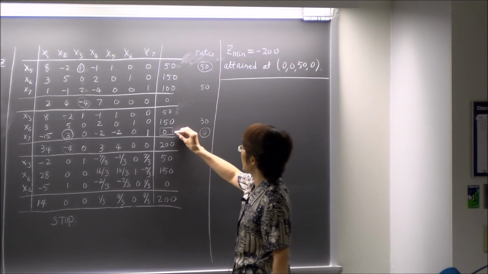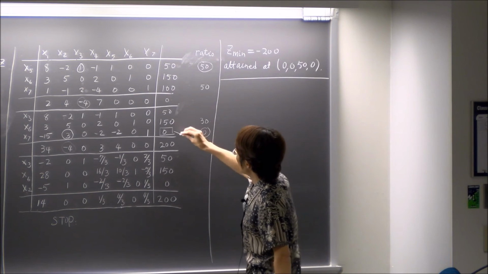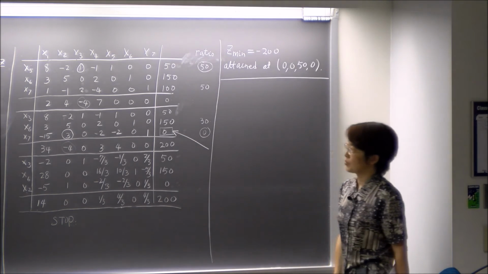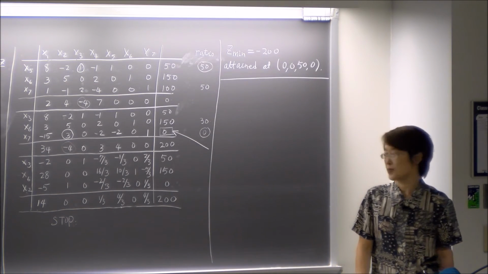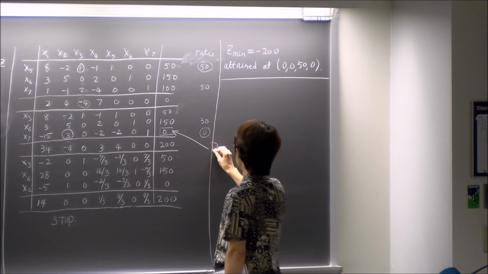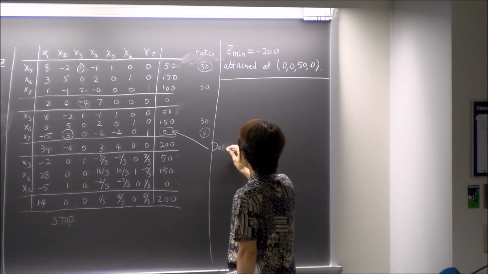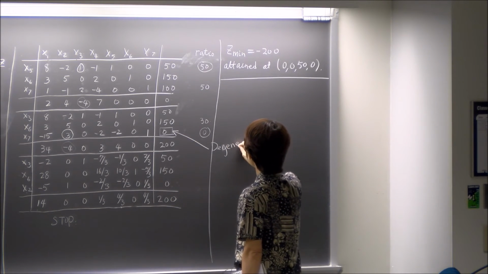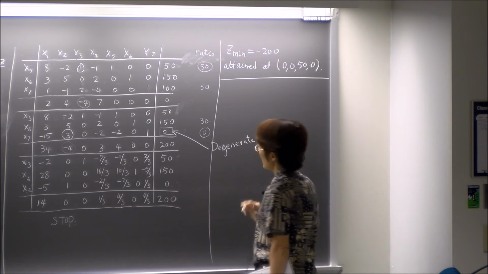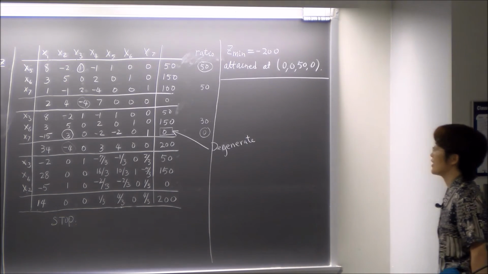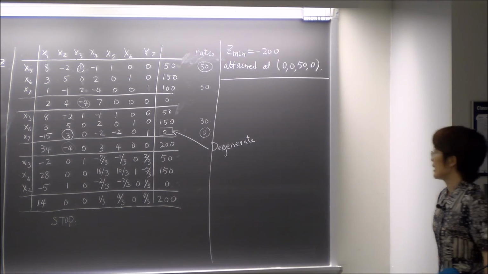Actually, I mentioned here, we see that now I have a 0 on the right-hand side for the b value. We call this a degenerate case. My linear programming problem actually is degenerate.